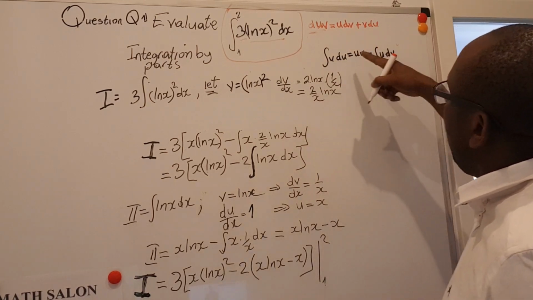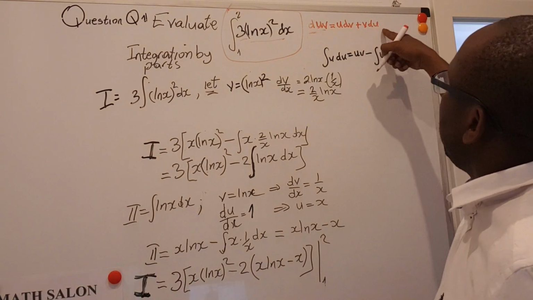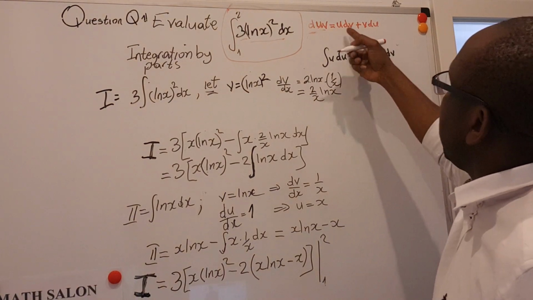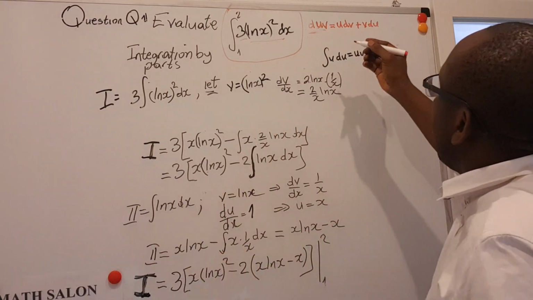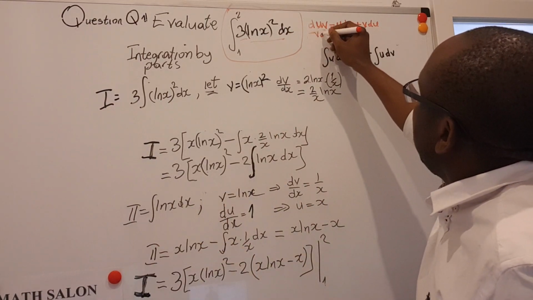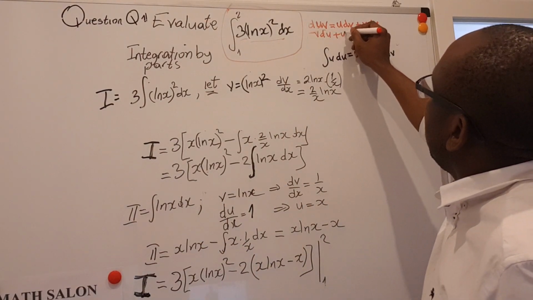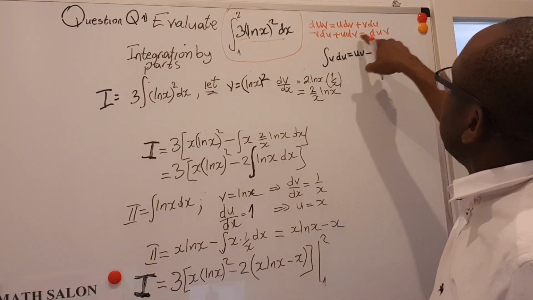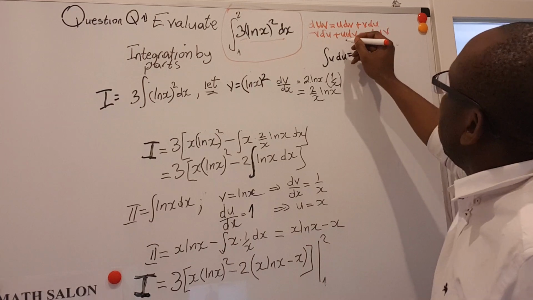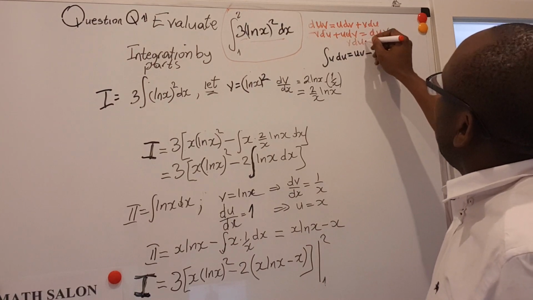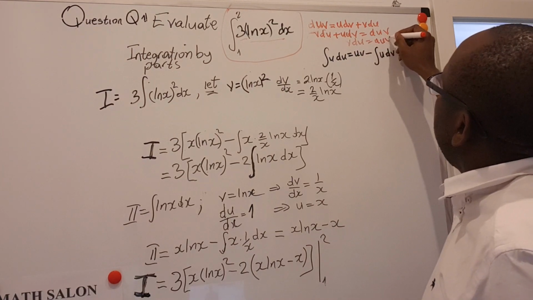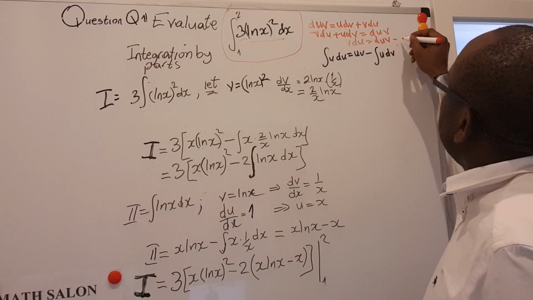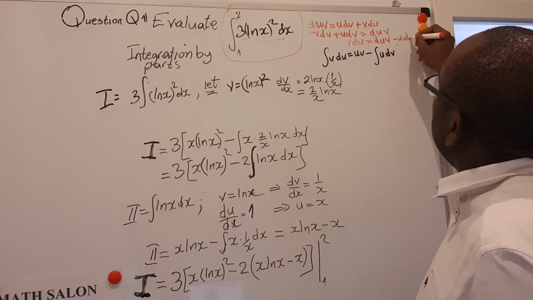If I try to arrange it to look like what I see here, I take v du on this side and move the other term the other way. That means v du plus u dv is equal to d(uv). This can come to this side and I get v du is equal to d(uv) minus u dv.